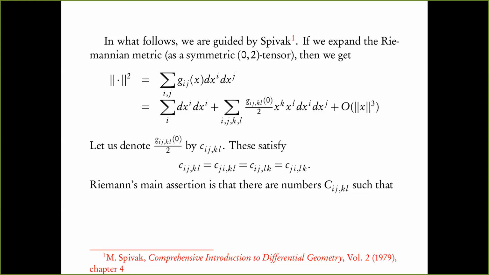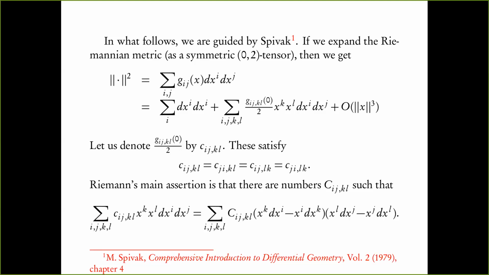Riemann's main assertion is that there are numbers capital Cij,kl such that you can write it in this form. So this is only for the order 2 terms. You can write this expression, which is the order 2 expression over here, in this specific form. Why in this specific form we will get to in the subsequent lectures.